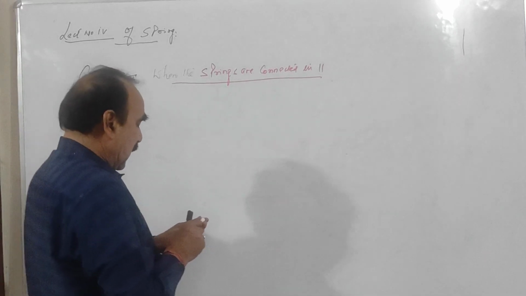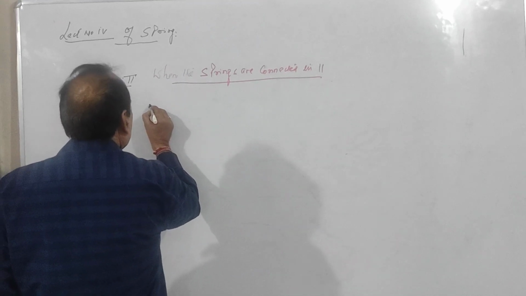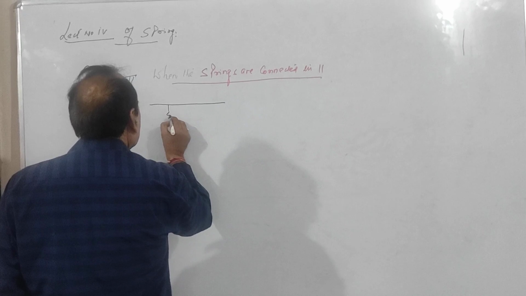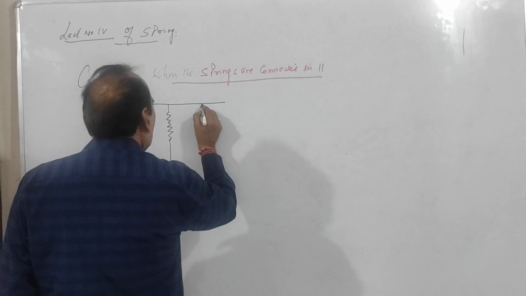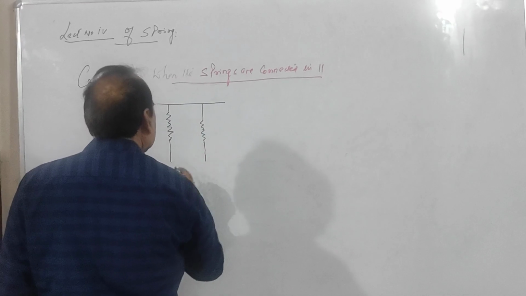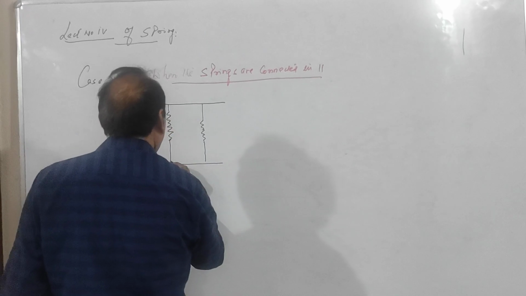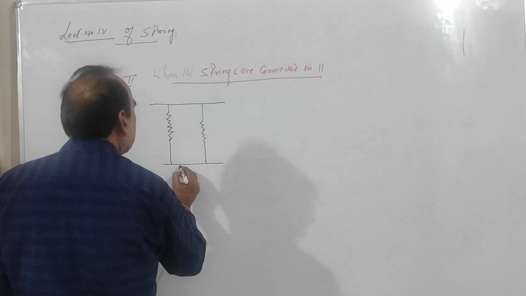सो यू कैन से, ये आपका स्प्रिंग है, one spring is like this, one spring is like this, right?